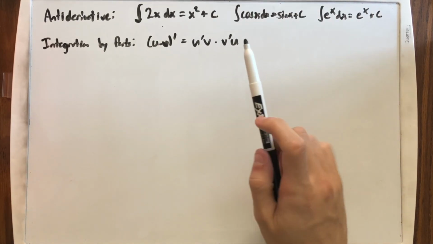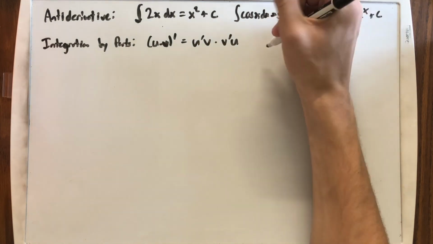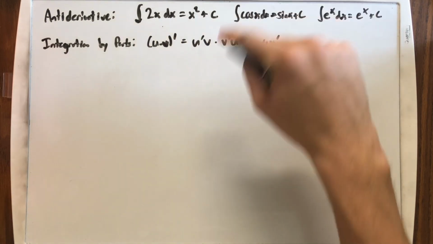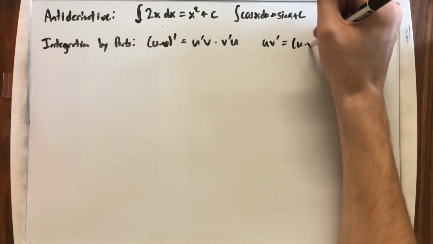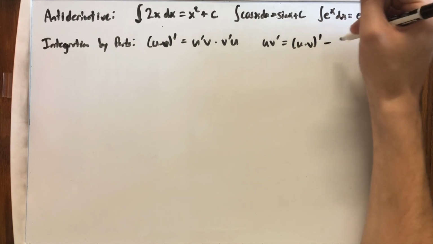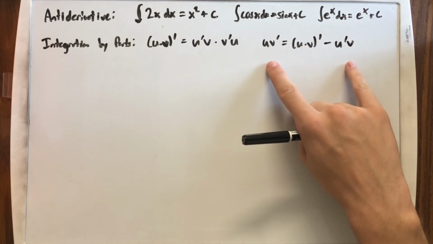Now let's say that you subtract this term from both sides. So it leaves you with u v prime on this side with u times v prime minus u prime v on this side.